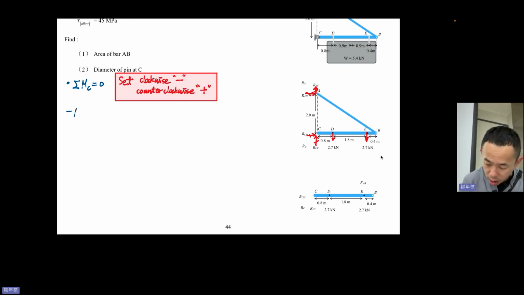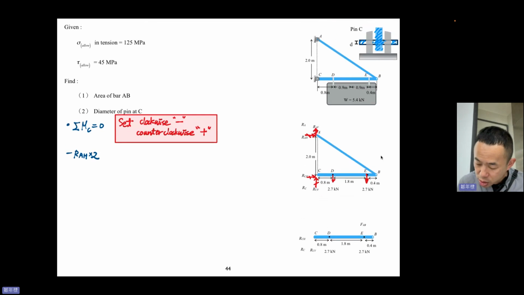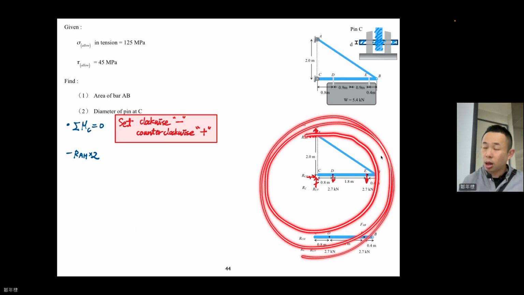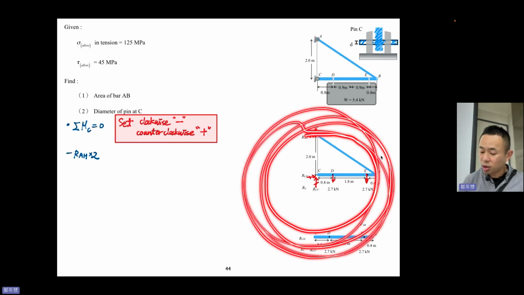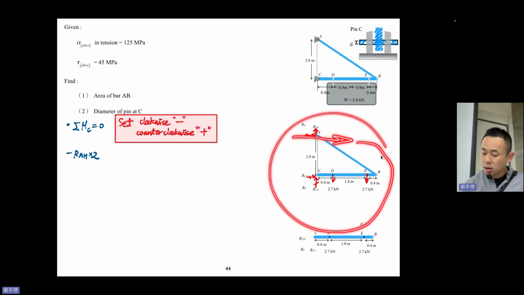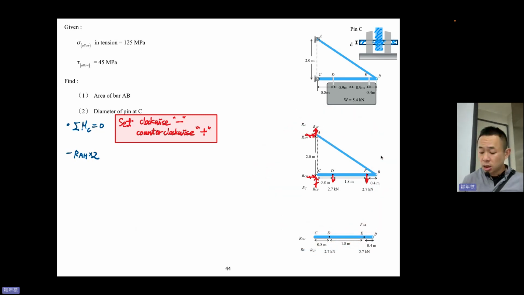Minus RAH times 2. Why minus RAH times 2? You see, RAH rotates clockwise about the point C, right?